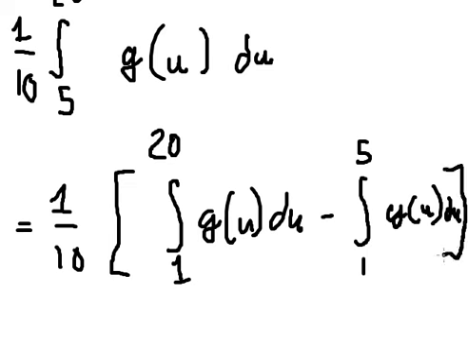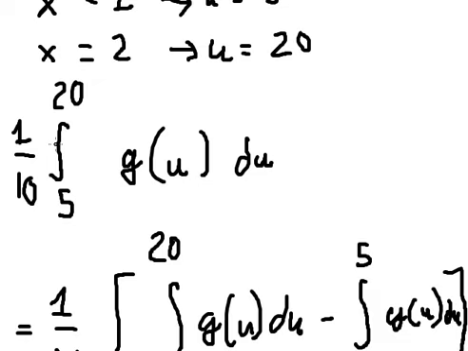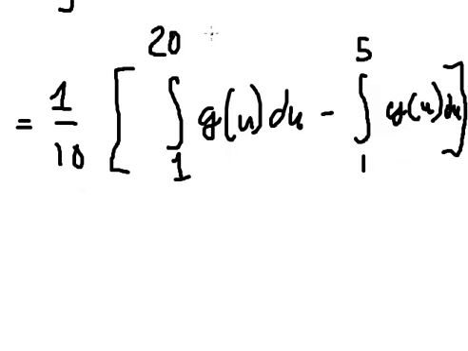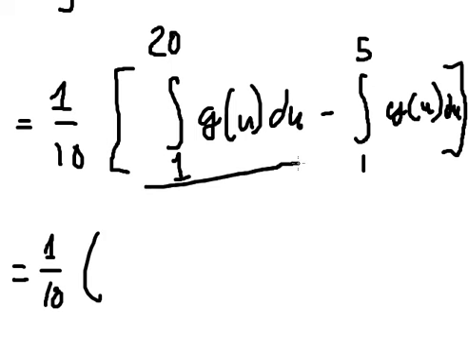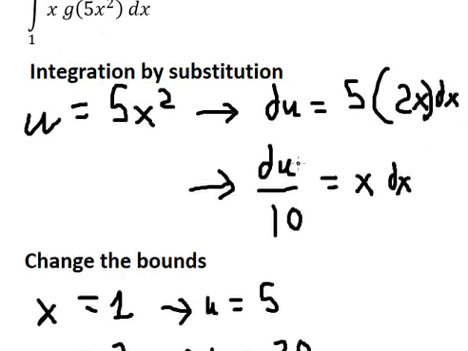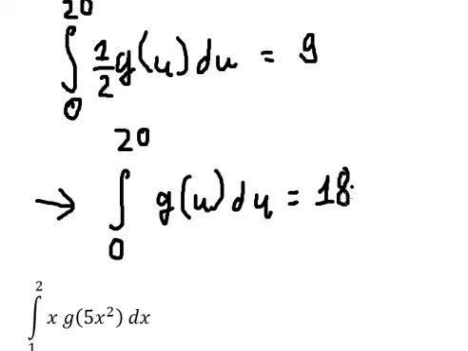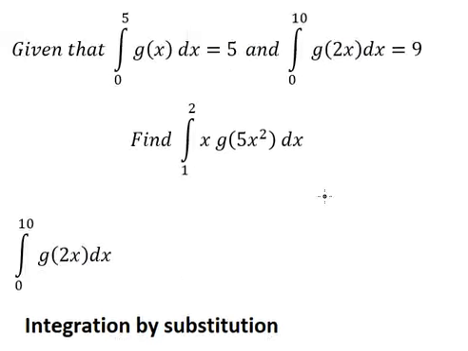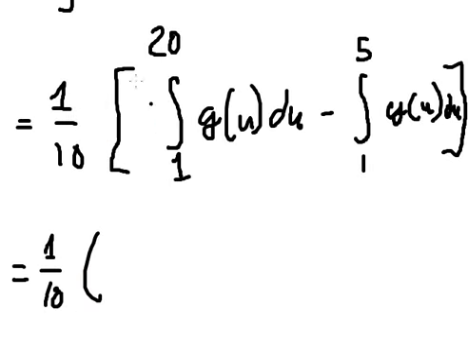Because this integration in here just starts from 5 to 20, that's why we need to use this integration minus this integration. Sorry, from 0 to 20, not 1.